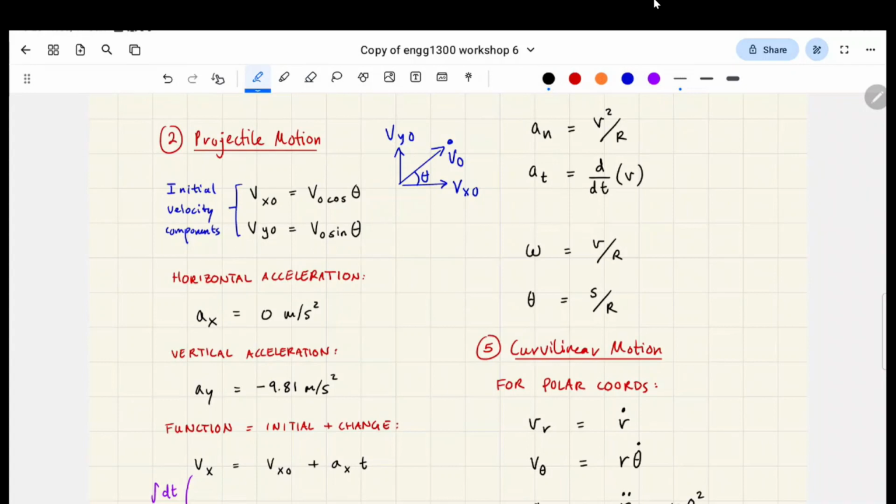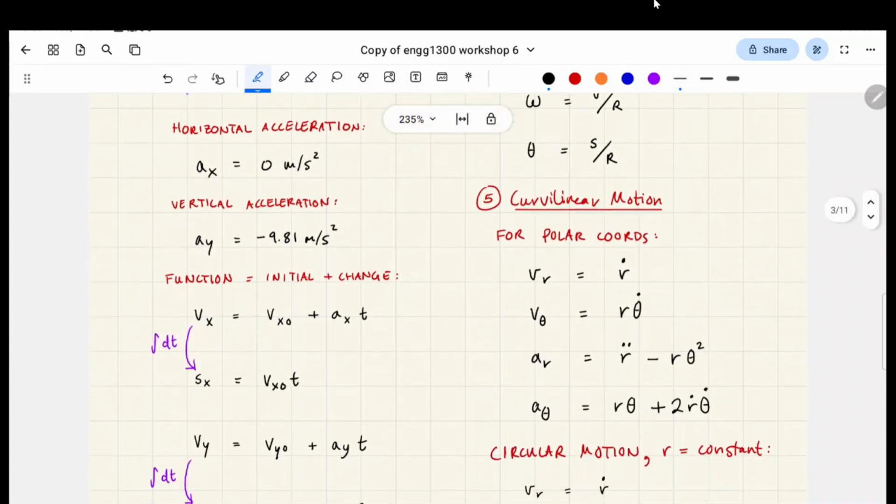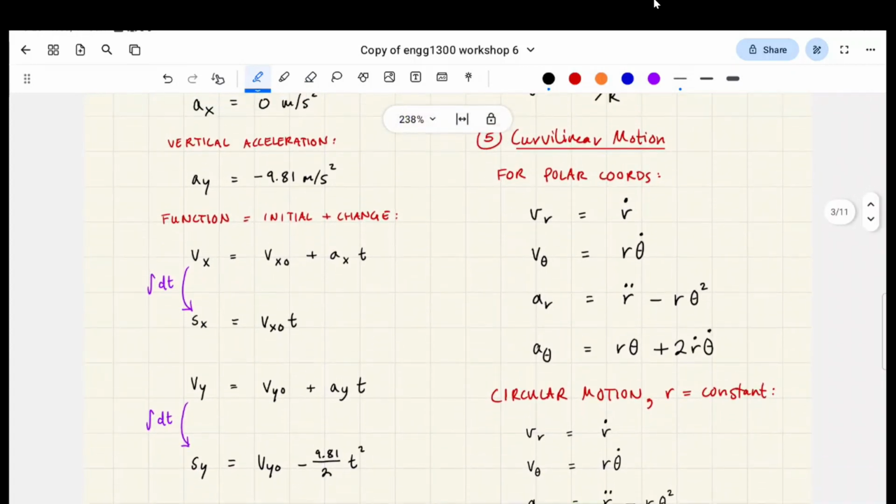The next thing I do is remember our model for projectile motion, and that's that horizontal acceleration is 0, no air resistance. And the vertical acceleration is 9.81 meters per second squared acting downwards, so towards the Earth. And here's the functions which I go off of, and they're pretty much the same every time.